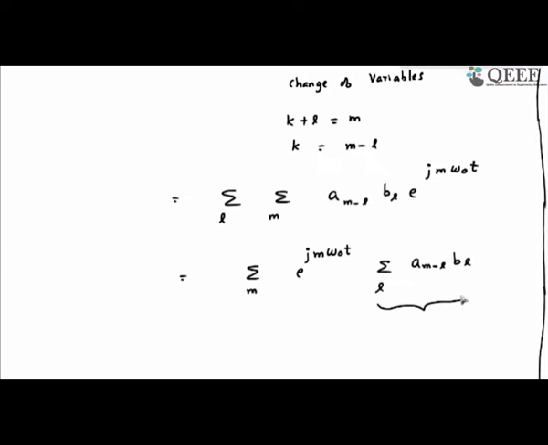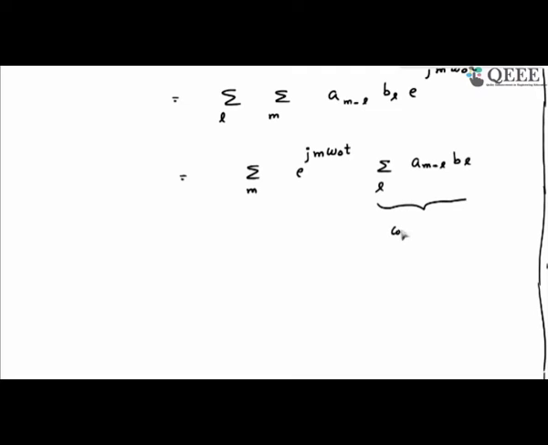So this is the coefficient corresponding to the mth harmonic. This is the Fourier series representation of the product. What we had was just the product of these two signals, x of t times y of t.